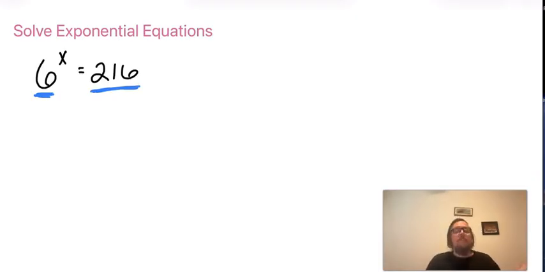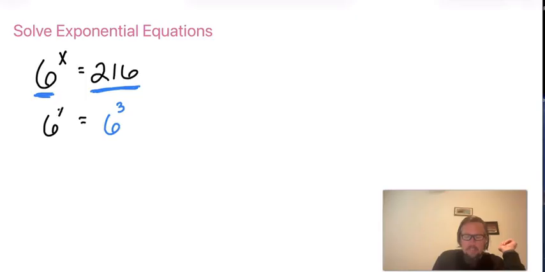And right now it doesn't. It has a base of 216. But because you memorized your cubes all the way up to 10 cubed is 1000, you know that 216 can be rewritten as 6 to the third power, or 6 cubed. Because you memorized your cubes, you know that.